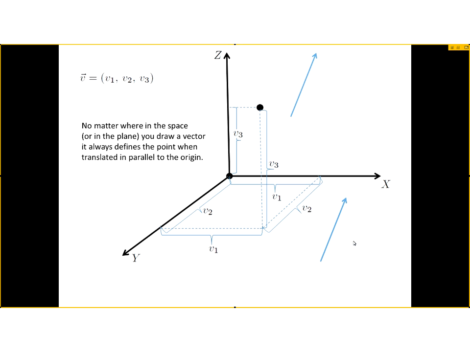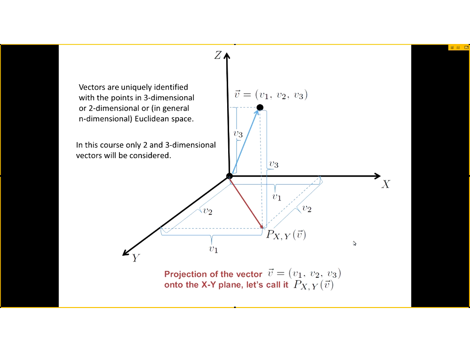These are just examples for you to understand. This is the vector that we can move, v3, v4. So the next thing is that vectors are uniquely identified with the points in 3 dimensions or 2 dimensions, or in general n dimensions.